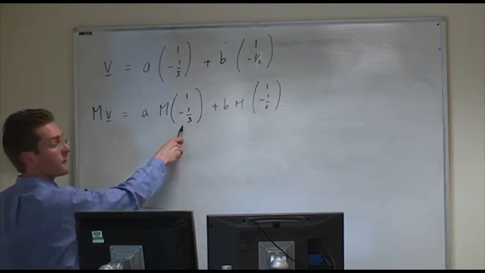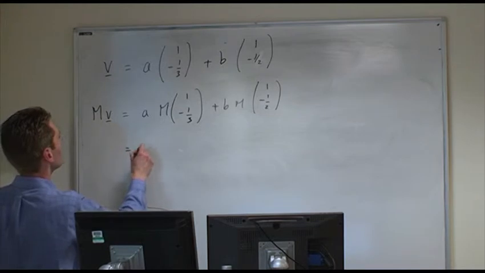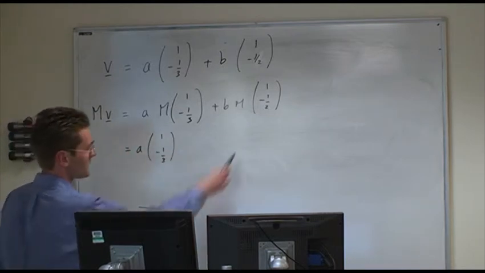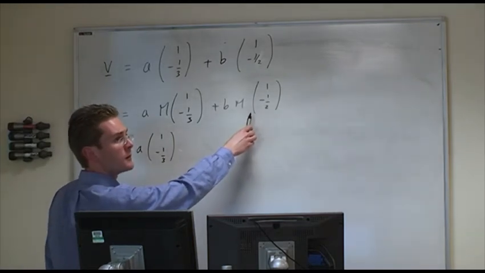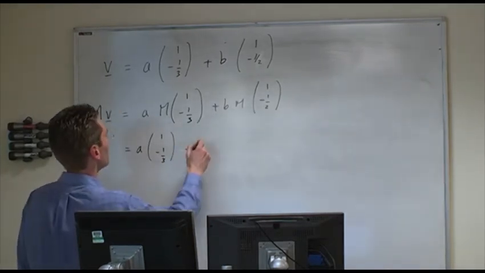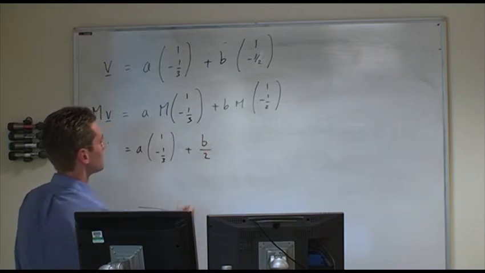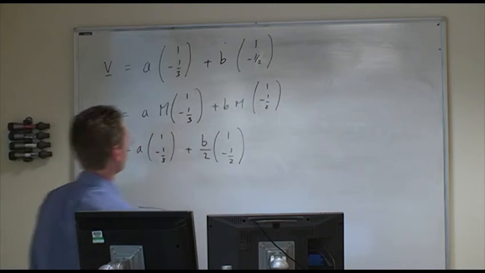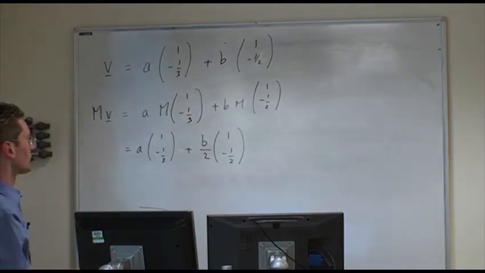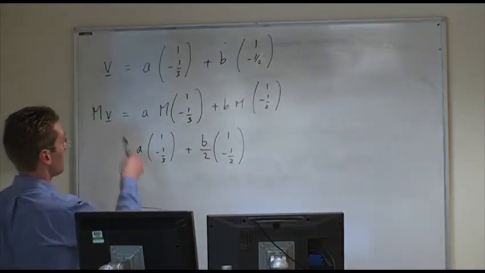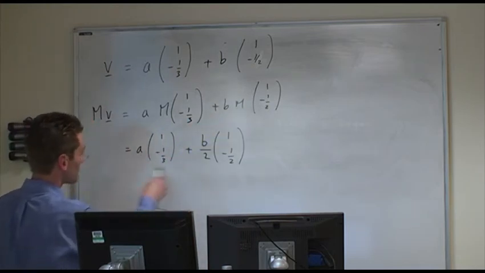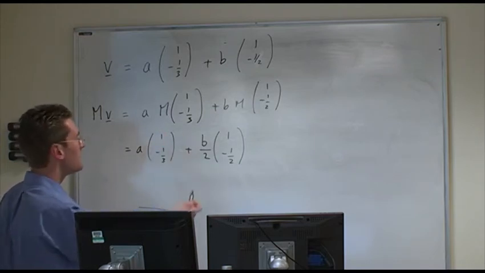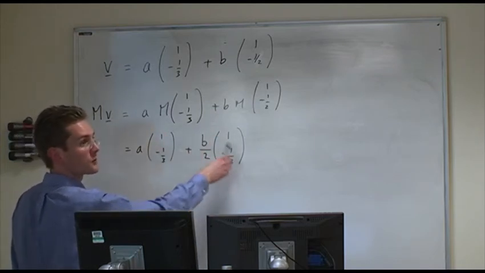This is an eigenvector for the eigenvalue 1, so the matrix actually does nothing to it. This second vector is an eigenvector for the eigenvalue 1/2, so B gets divided by 2. So again, with respect to these two vectors, this one stays the same, this one gets shrunk by 1/2. If I do this repeatedly, this one is going to carry on getting shrunk.